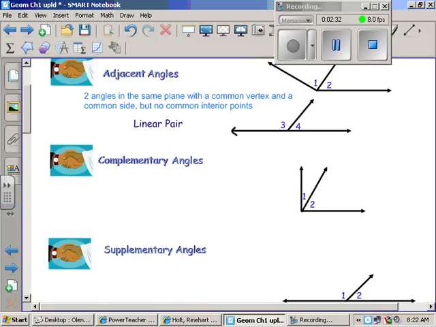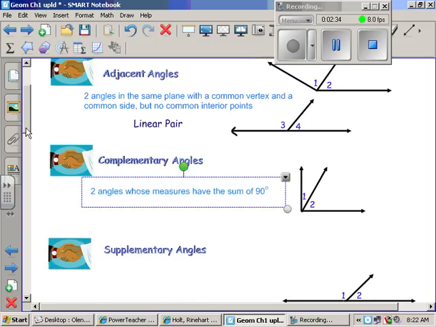Complementary angles, we know this, right? They equal 90. So these two angles together are going to equal 90 degrees.